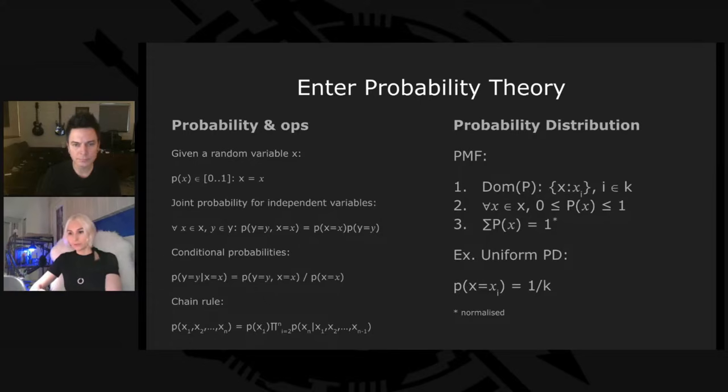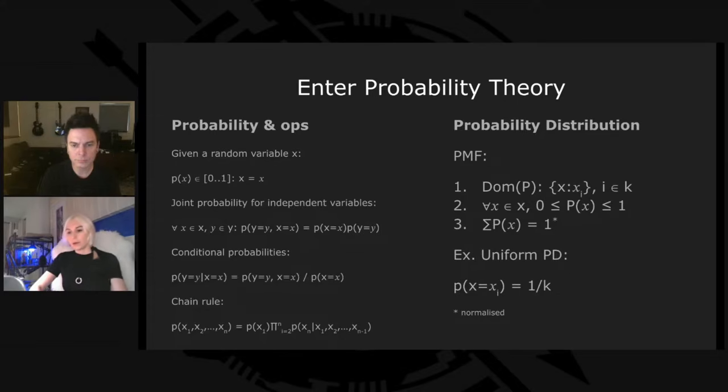It is a function which takes in as the domain all possible values of our variable, and for each of these values, it outputs the respective probability of the variable taking this particular value. A simple example is a uniform probability distribution. Let's say that you have a variable that can take values from 1 to 10.